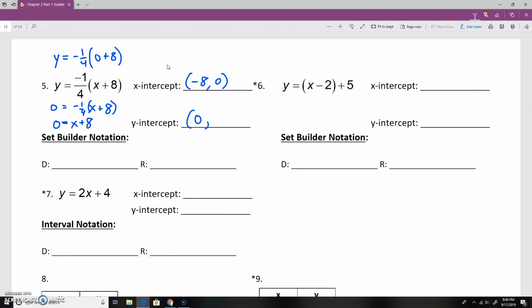We get 0, comma, negative 2. Set builder notation would be the same as previous. We have x such that x exists in reals. And we have y such that y exists in reals.